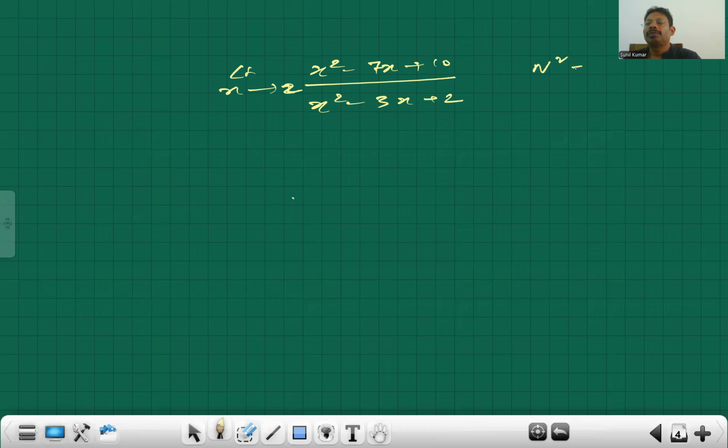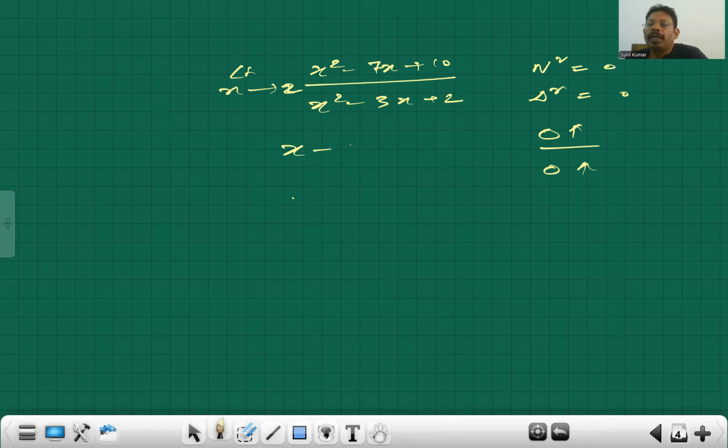If you put 2, the numerator becomes 0. The denominator also, you put x equal to 2, 4 minus 6 plus 2, becomes 0. So both are approaching 0, but x never becomes 2; it only approaches 2.